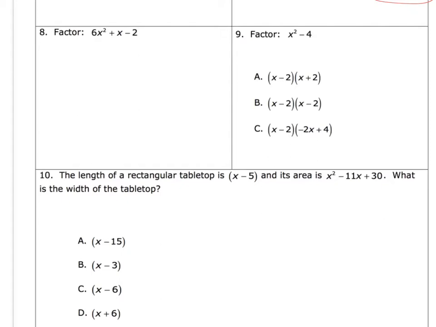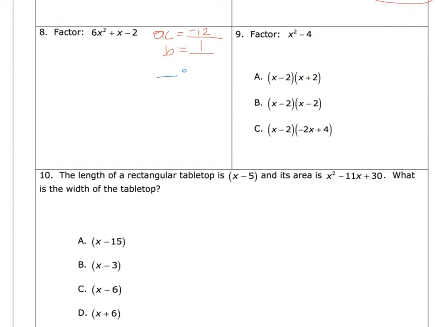We have to find two numbers that when we multiply don't just give us this negative 2, but we actually are looking at the product of a times c. So in this case, 6 times negative 2, which is negative 12. We're still looking at b, which is 1x, so just 1. And we're trying to find two numbers.